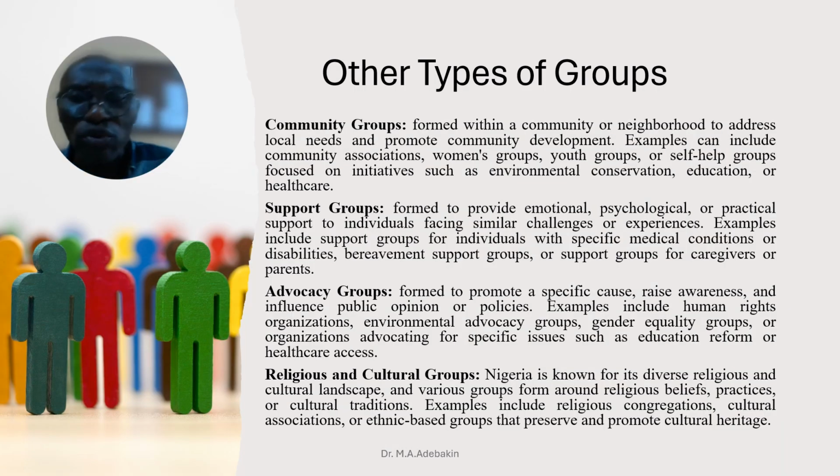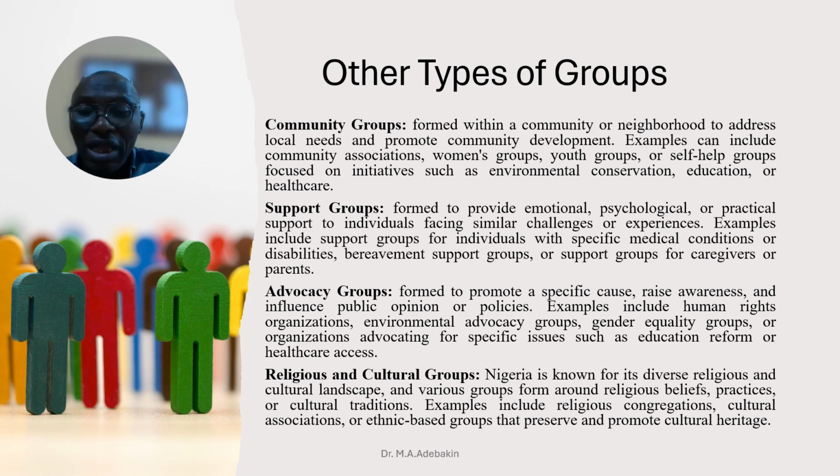Then the other types of groups, apart from this broad classification that I have given, can be community groups, support groups, advocacy groups, religious and cultural groups. Community groups are formed within a community or neighborhood to address local needs and promote community.